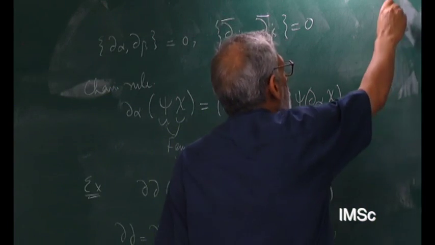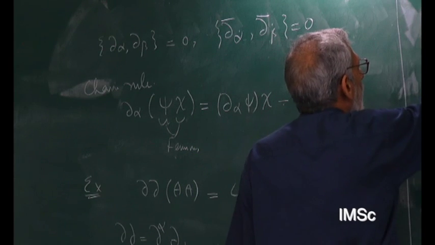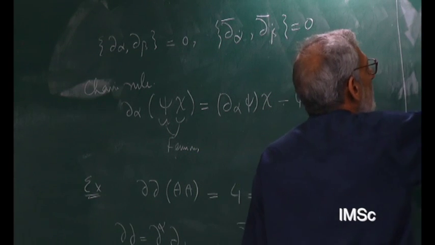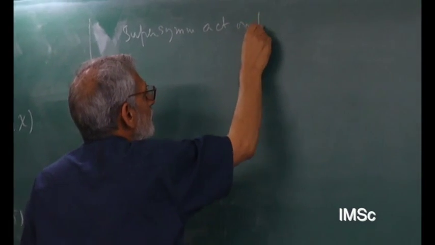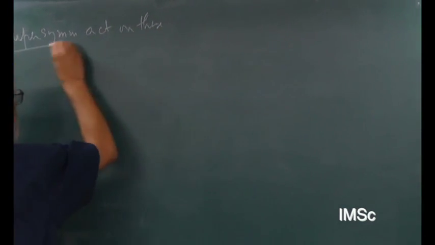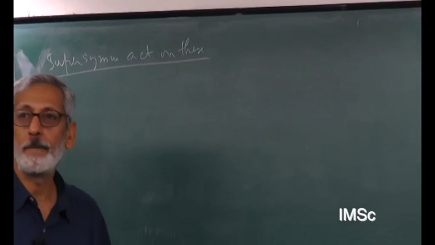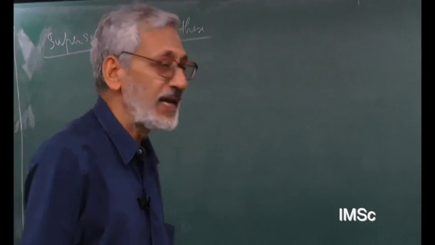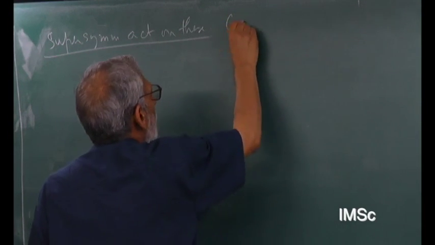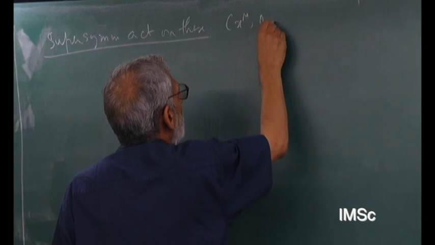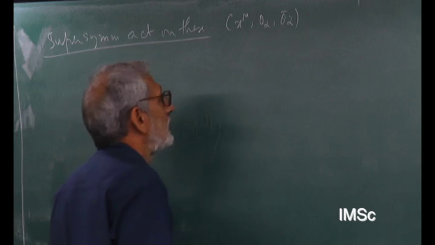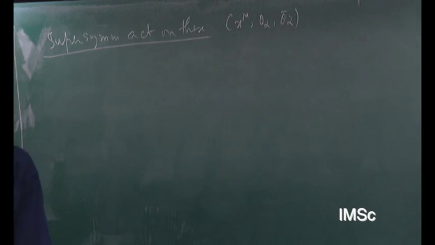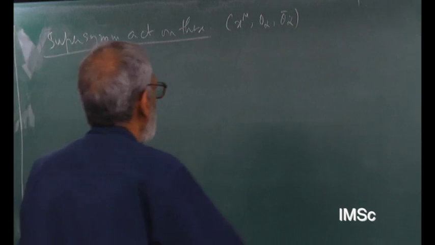Now what we want to know is how does supersymmetry act on these. The collection of objects, ordinary x mu and theta alpha and theta bar alpha dot, we gave a name called superspace.